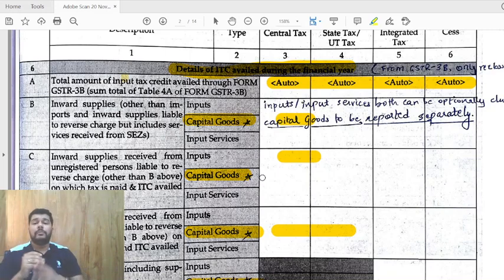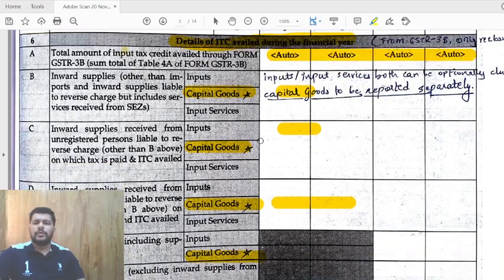The inputs and input services quantum can be either clubbed under one head if you don't have the separate data available, but capital goods का for sure you have to report it separately. Okay. Now of course आपको fixed asset register से वगैरह भी ये सब data मिल सकता है, so there is nothing much to worry about that. It's just that this is how it is.